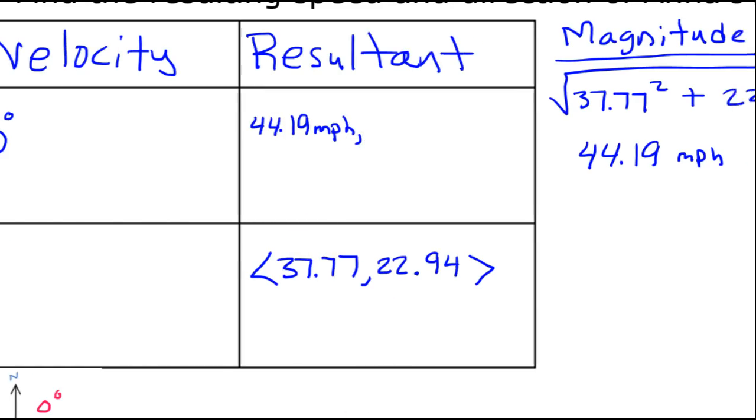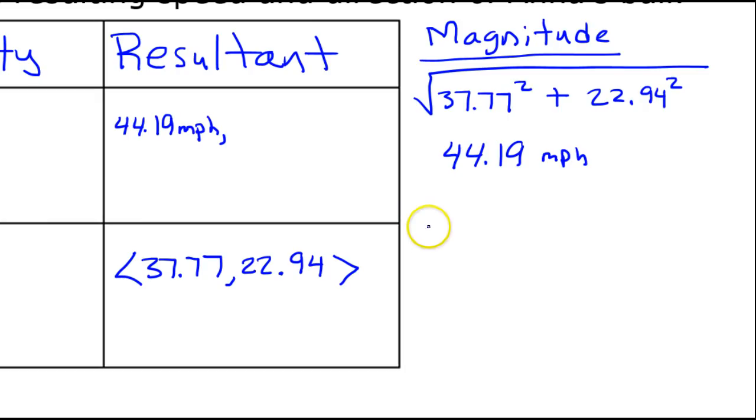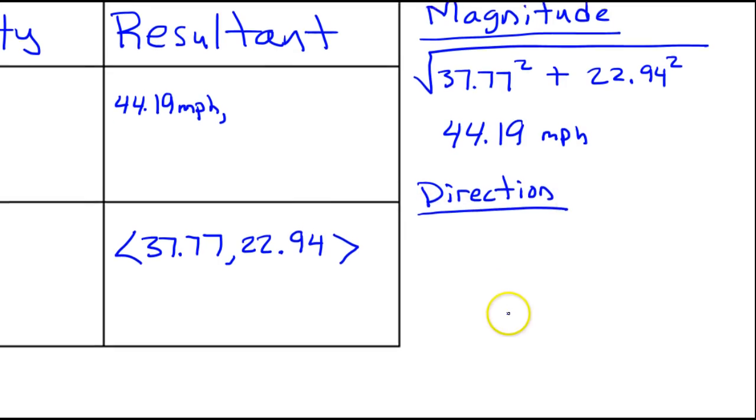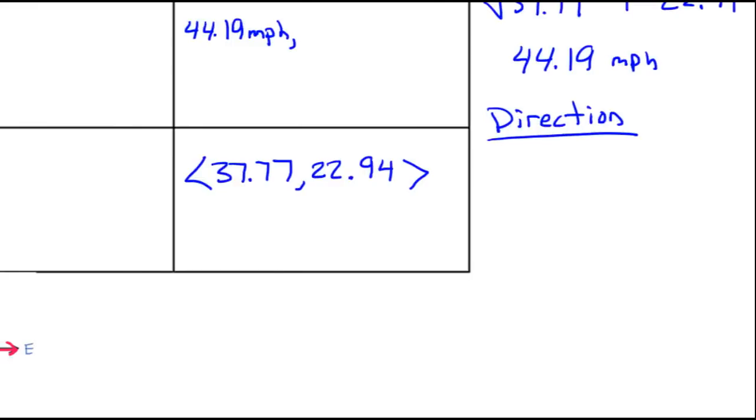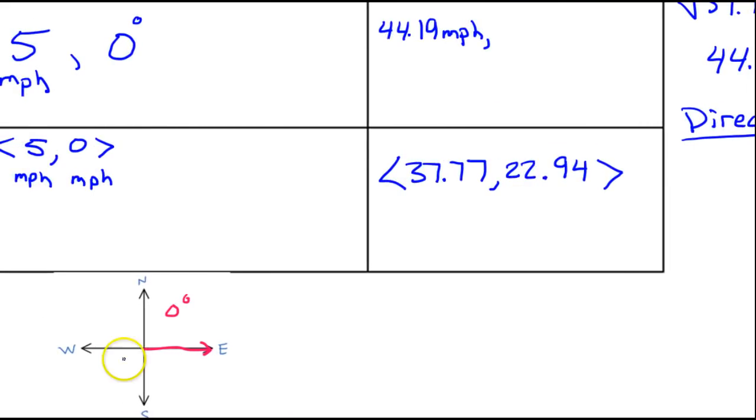Okay, that's the magnitude. Now we need to find the direction. So we will find the direction in a similar way that we did for the individual vectors. Let's make a little diagram using our compass rose. So, okay, we've got the component form here. Notice how both of these are positive.